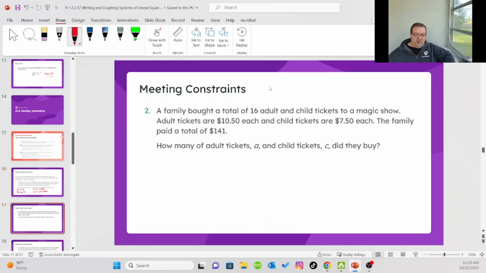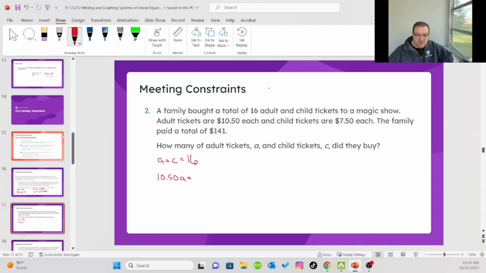Next, a family bought a total of 16 adult and child tickets. A is the adult tickets, and C is the child tickets. So this would say A plus C equals 16 tickets. Adult tickets are $10.50 each, so that is 10.50A.